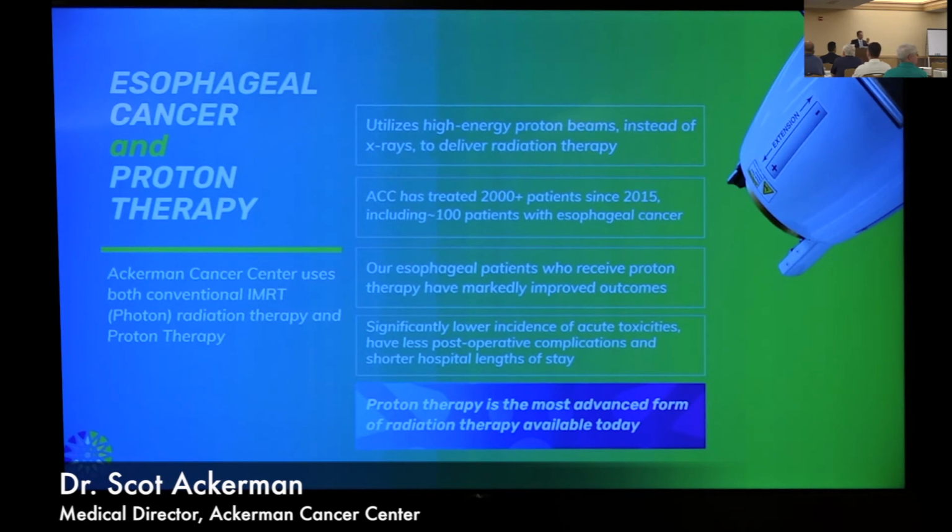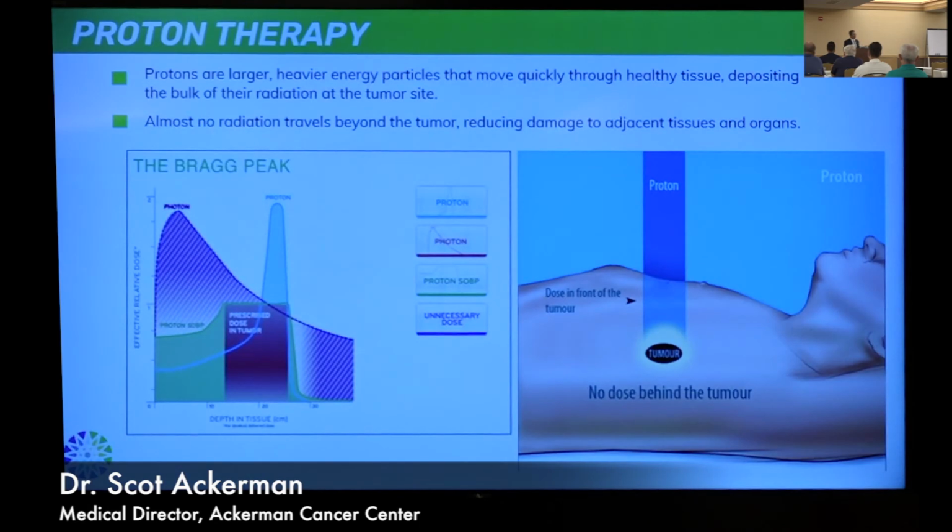Protons use high energy proton beams instead of X-rays to deliver radiation. So I'll get to that in a second. At our office, we've treated over 2,000 patients since 2015 with proton therapy, and about 100 with esophageal cancer over those 6 years. Our esophageal cancer patients who receive proton therapy have better outcomes than the ones that have received IMRT radiation.